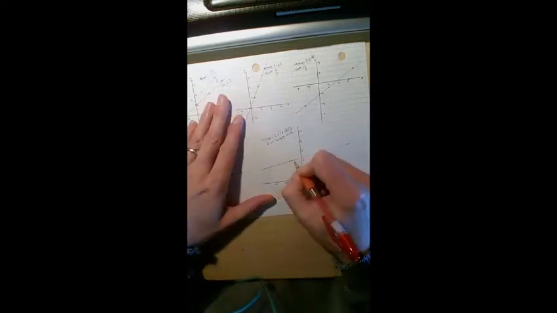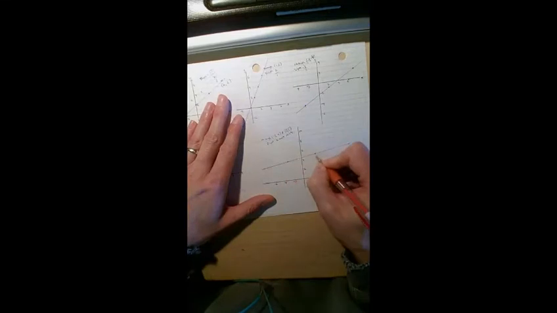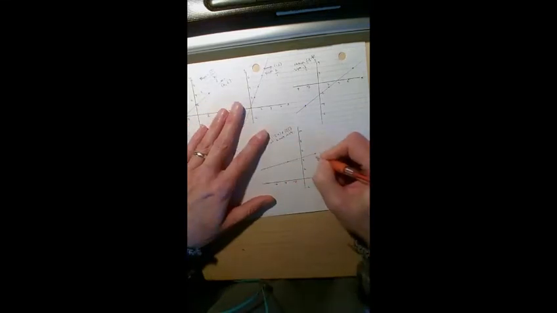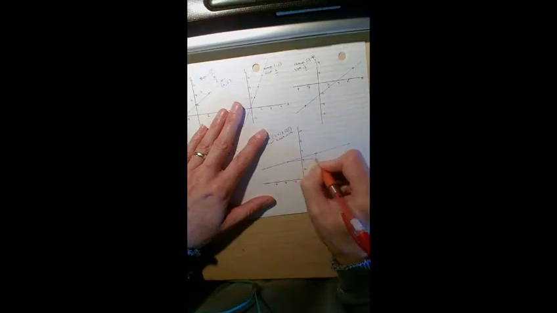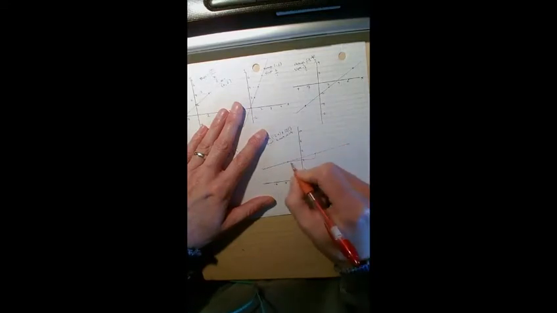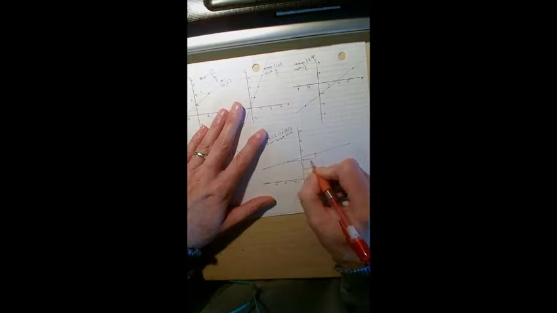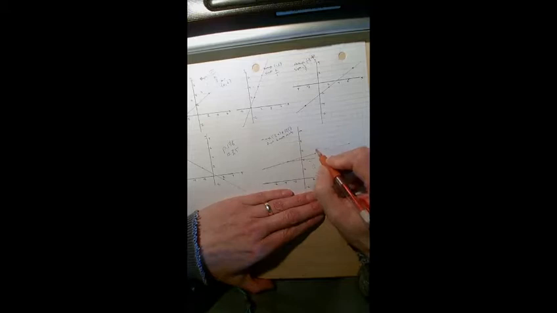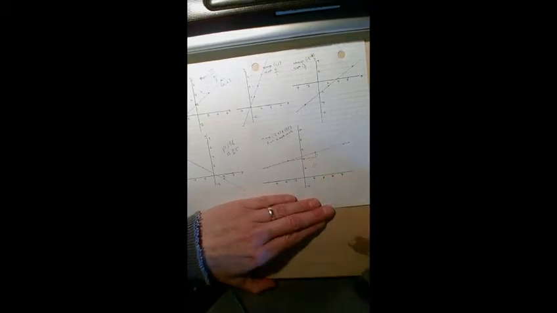I don't necessarily need to calculate it out, but I'm going to look at my slope. So I've got a rise of 1 and a run of 1, 2, 3, 4, 5, 6. So my slope is 1 over 6. And I'm just going to use that to find the next points. So I'm going to go up 1 and over 1, 2, 3, 4, 5, 6. That point is on the line.